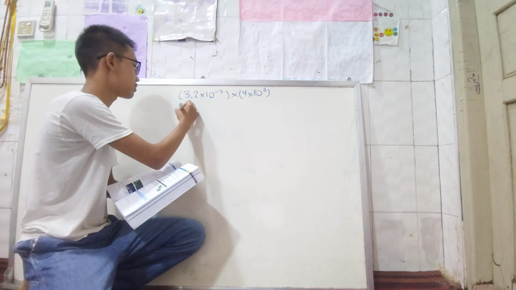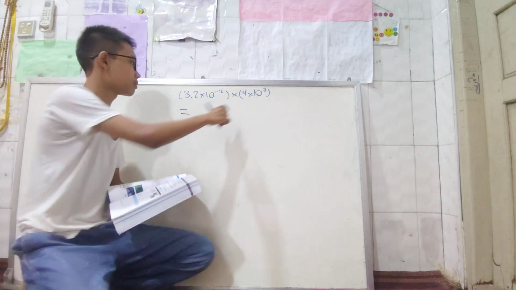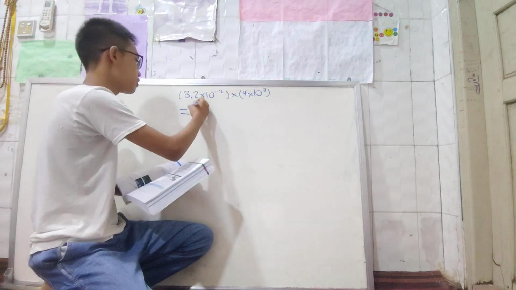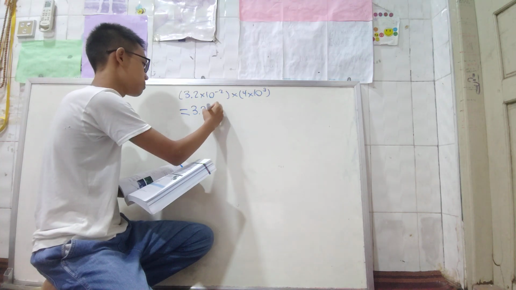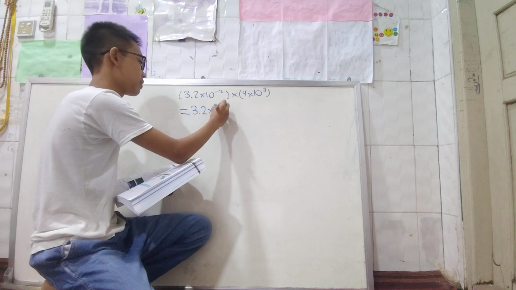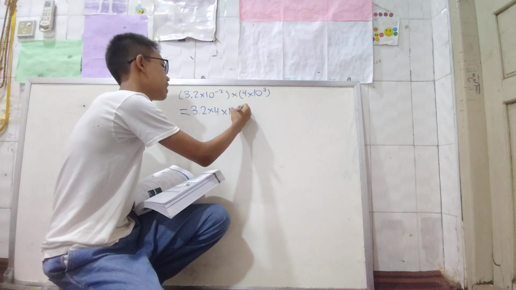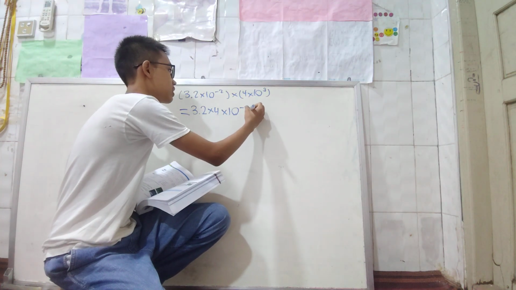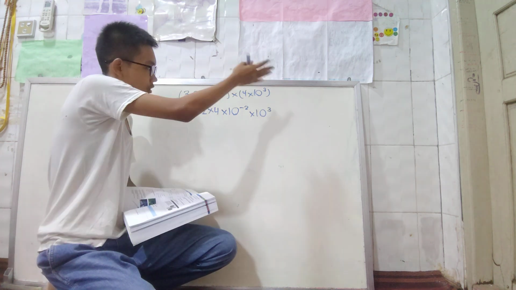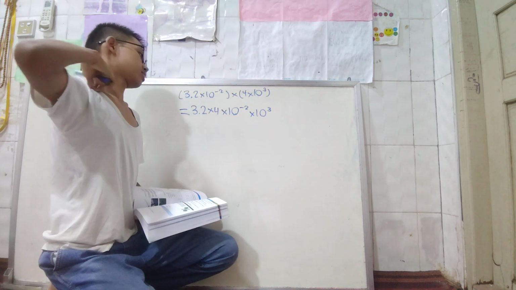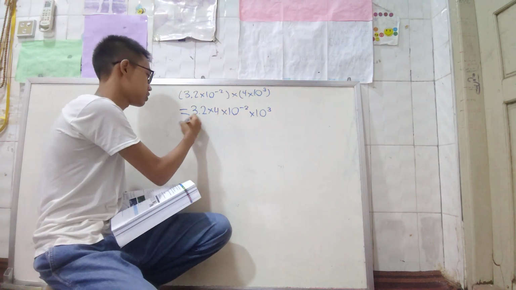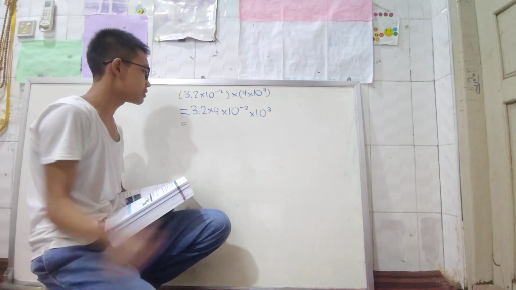We're going to multiply the ordinary numbers first. So 3.2 times 4, and then we multiply the powers of 10: 10 to the power of minus 2 times 10 to the power of 3. I just removed the brackets and rearranged the products, so it's easier to multiply. So 3.2 multiplied by 4 is 12.8.